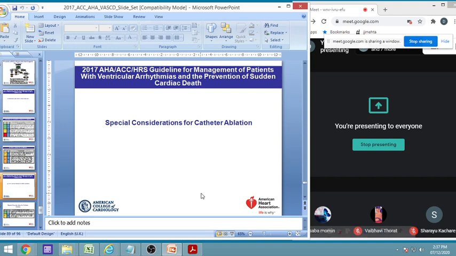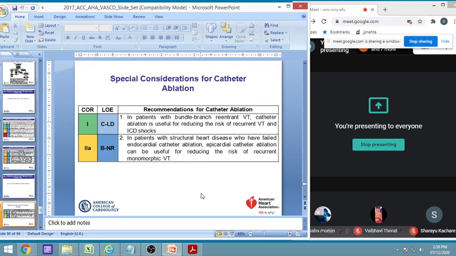It passes through the major veins and arteries from the thigh, goes to the aorta and then to the coronary arteries, and from there it reaches the area, and some of that portion is either removed or ablated. This is called catheter ablation treatment.